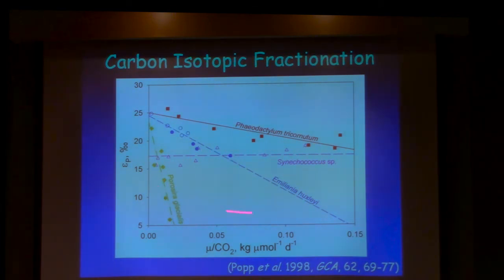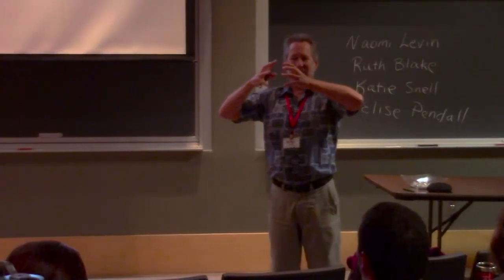Let's focus on these three species, which are all eukaryotes. This is a prokaryote. Phaeodactylum tricornutum, again, we got a nice linear relationship. Emiliania huxleyi, this is a haptophyte that makes these peculiar carbonate plates and puts them on the outside of the cell.